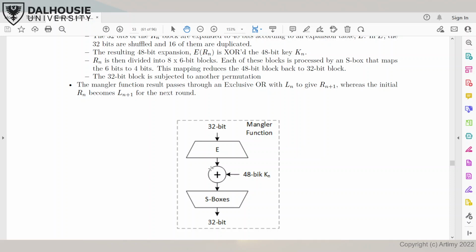XOR is really one of the most important functions in cryptography, and I mentioned that before. Why?